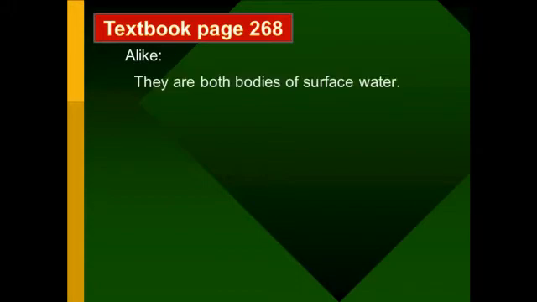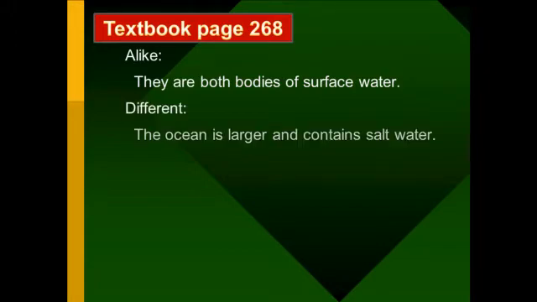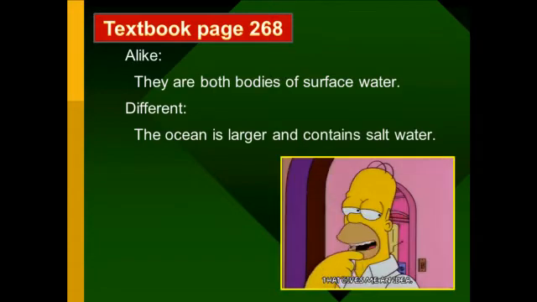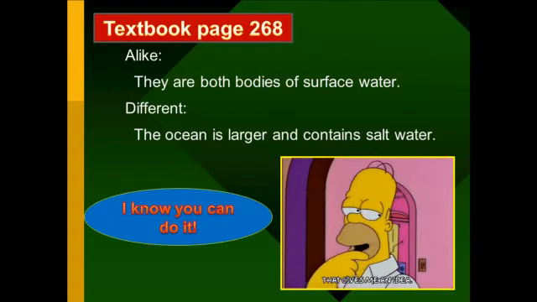It is alike because they are both bodies of surface water. They are different because the ocean is larger and contains salt water. That for sure will give you much idea. I know you can do it.